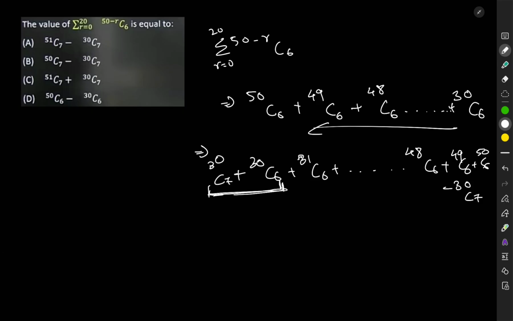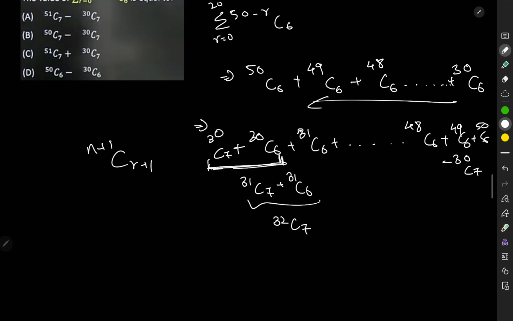Which formula will you apply? You will apply n plus 1, r plus 1, right? So 31C7, fine. Similarly you will combine this and this and you will write 32C r plus 1, which is 7, right?